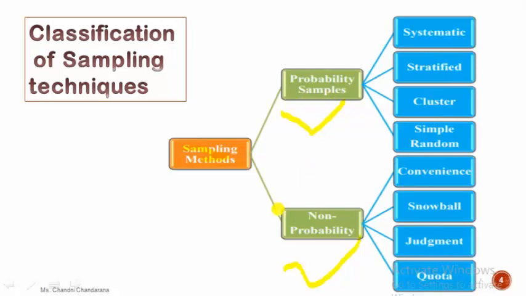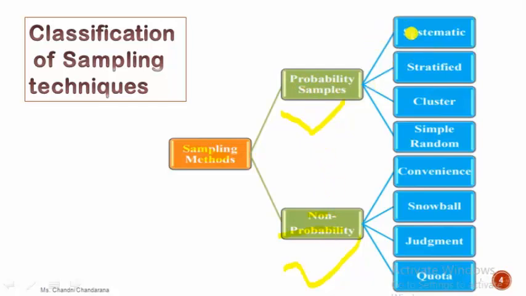Now what is a non-probability study? This is a less time consuming method, but here there is no classification of the population. You can say there is no sampling frame. So this is the basic difference between probability and non-probability sampling.